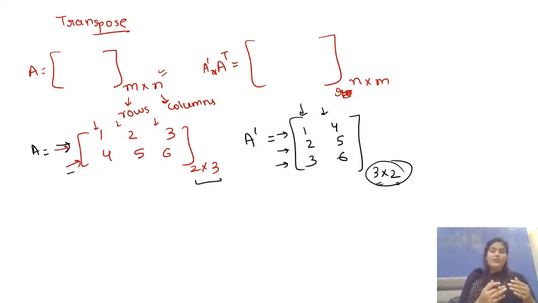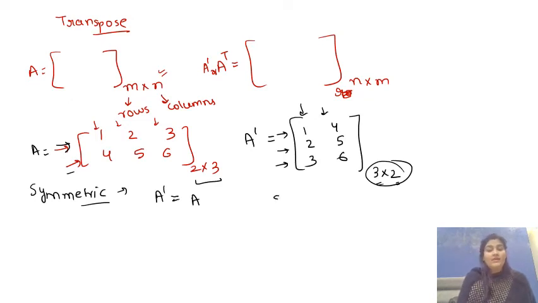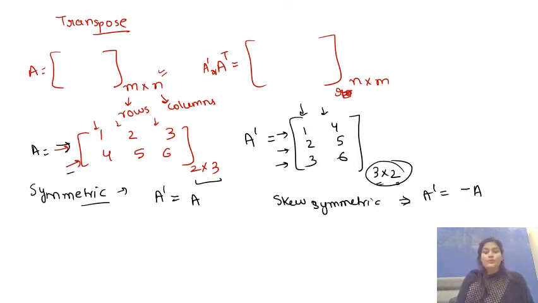Now let's come back to the topic where we were talking about symmetric and skew-symmetric matrices. When we talk about symmetric, the transpose is equal to the matrix itself. And when a matrix is skew-symmetric, the transpose is equal to minus of that matrix. Let's say you have a matrix with elements 1, 2, 3, 4, 5 and 6.